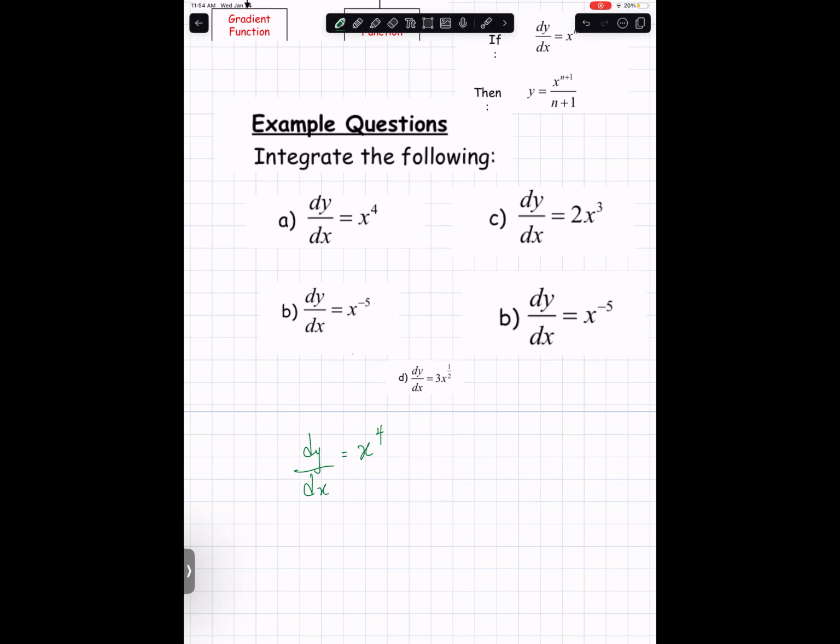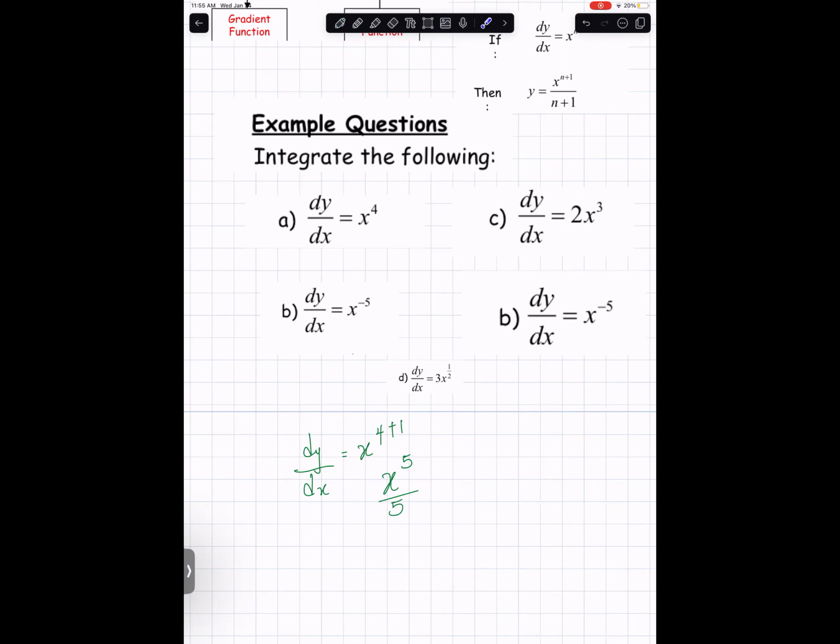Like I said earlier, the first step is to add 1 to the power of x. That will give us x raised to the power of 5. When you are done, you divide whatever you have by 5, which is the answer of adding 1 to the value of the power. So we have integrated that.